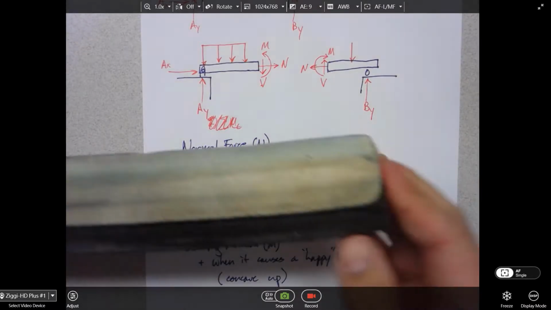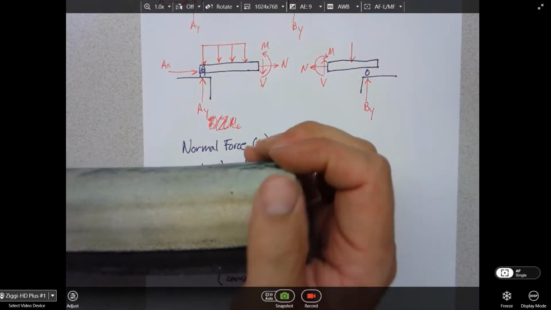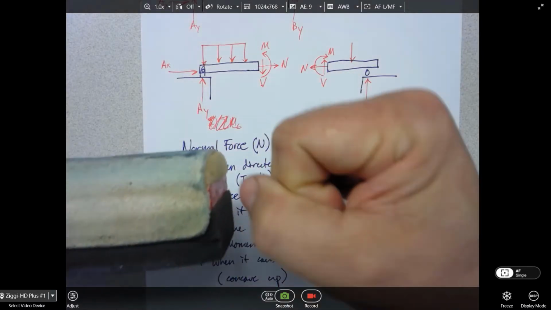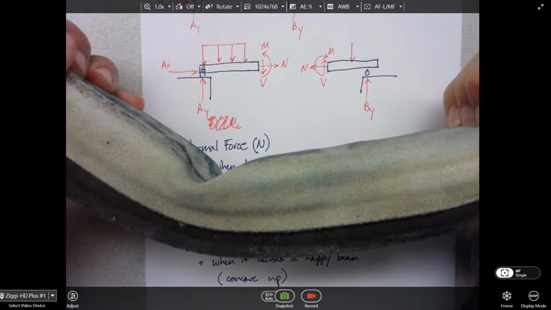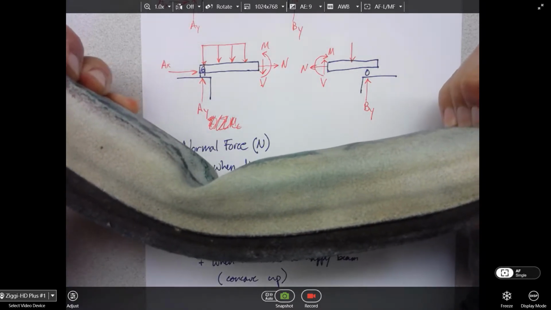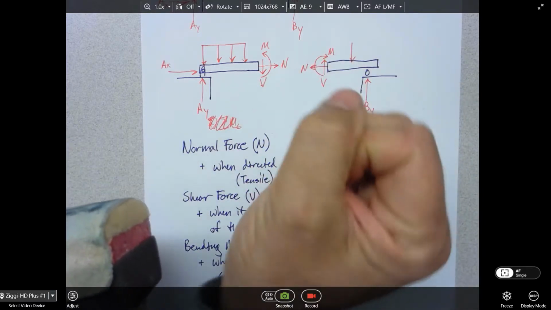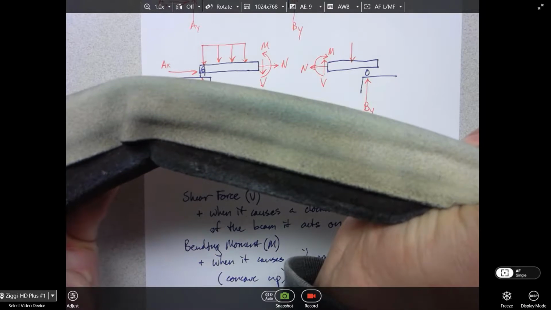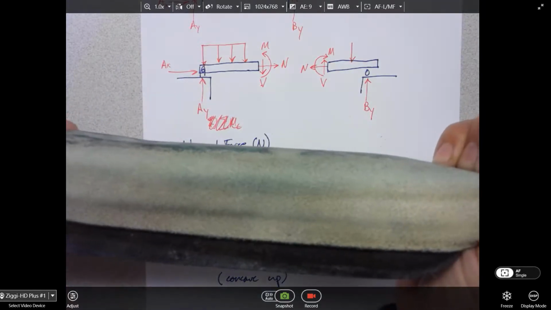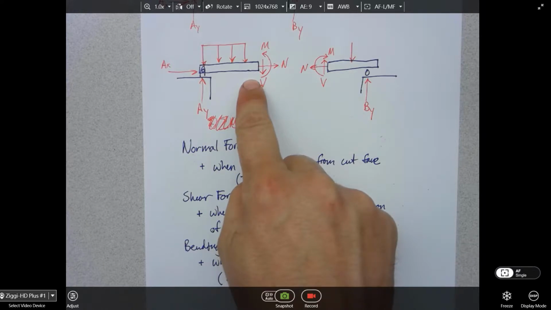Okay? So here's the eraser, right? If I grab this on the end and I induce a moment trying to twist it like that, it bends the eraser into a smile. That's a positive beam, right? If I twisted it the other way, that's a sad beam, okay? So I'm grabbing on this end, so right now I'm showing you what it would look like if we're looking at the left.